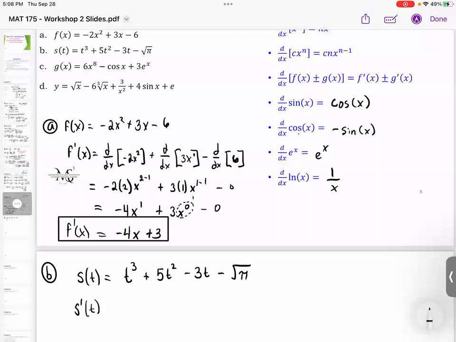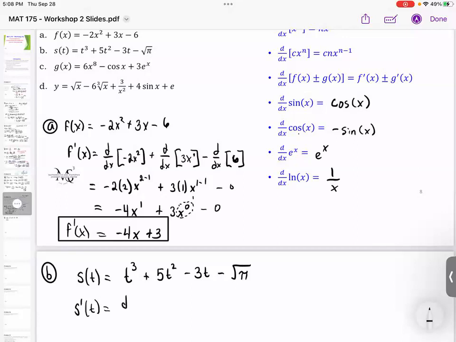Now, this is just different notation, but we're applying the same thing. Instead of taking the derivative with respect to x, we now take the derivative with respect to t. And if I'm taking the derivative with respect to t, I'm taking the derivative of every single term by t.